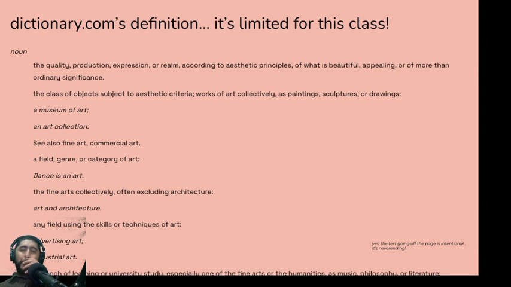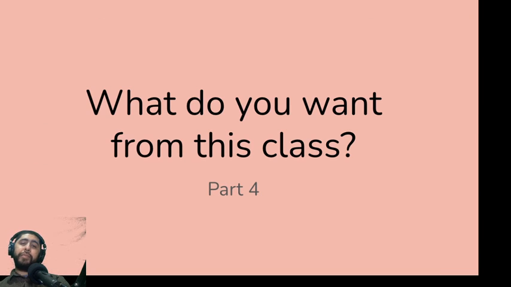It's pretty interesting. So here's dictionary.com's definition. I'm not going to read it, but this is what their definition is. You can go by it if you want to, but you'll see for the purposes of this class that it's limited.